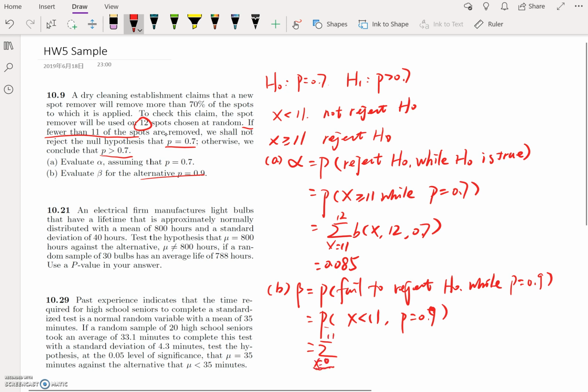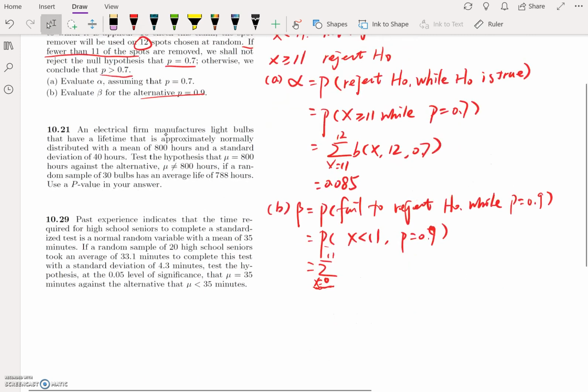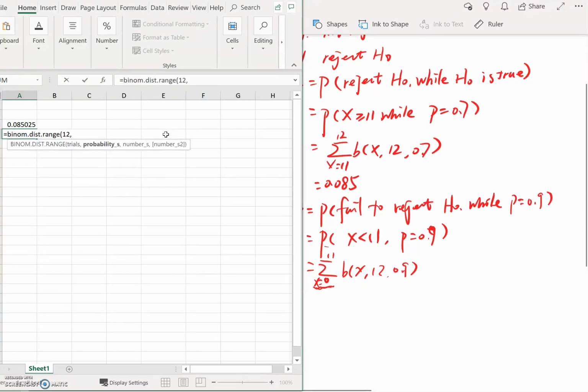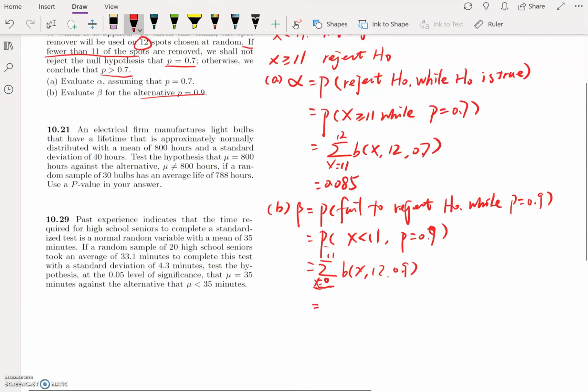You have to include the 0 in this CDF, so you need to be careful here. So it's binomial with 12 trials and probability 0.9. We use the same formula here, binomial distribution range, 12, 0.9, 0 to 10. So we get the answer 0.341. Okay, that's the first question.